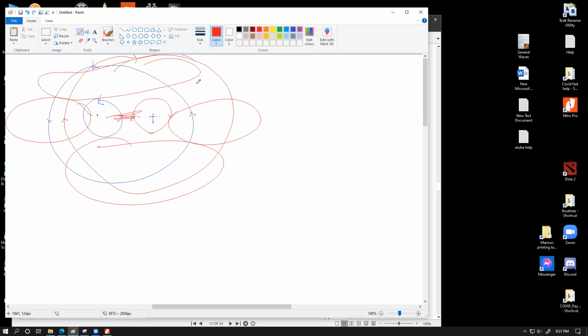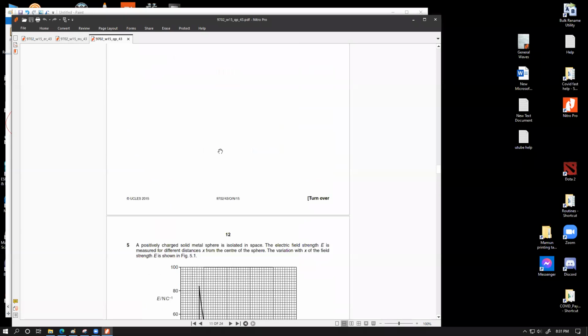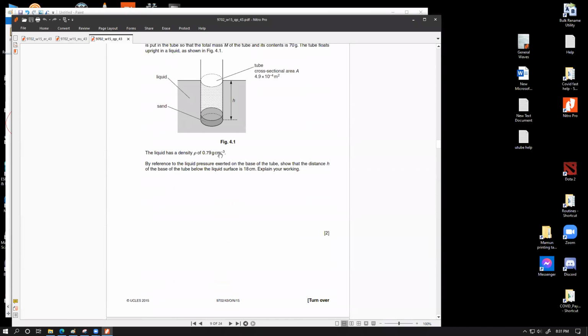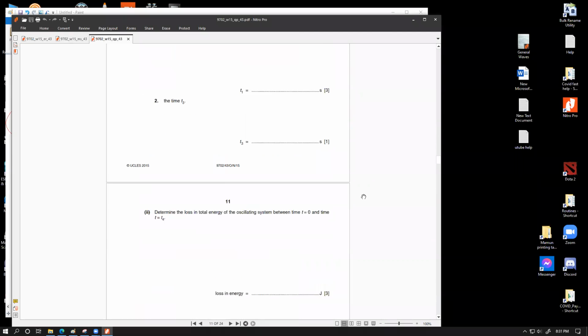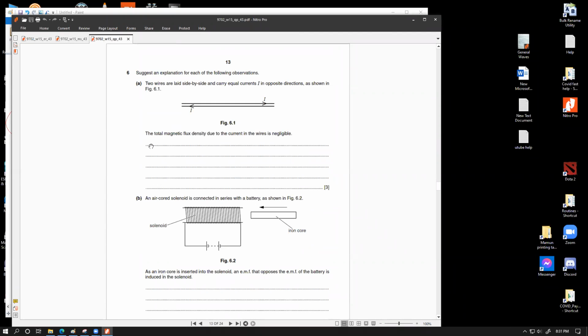So the question that is asked over here is that the total magnetic flux density due to the current in the wires is negligible, because whenever you have the total magnetic flux density, if you try to measure this, it's unlikely that you will be measuring it at the center.